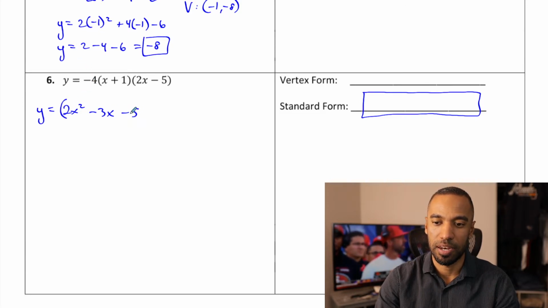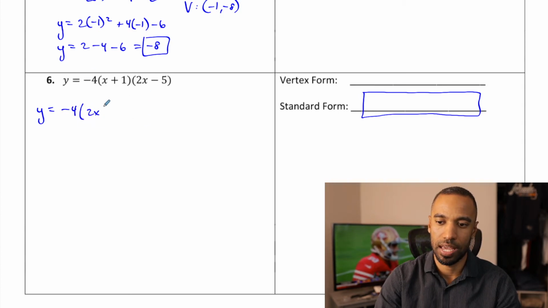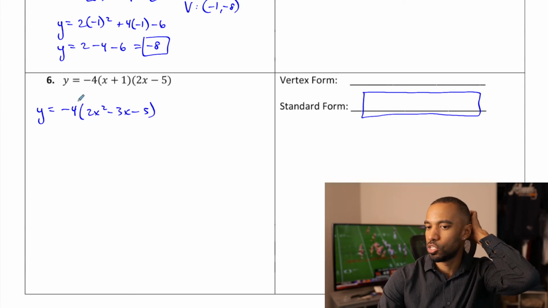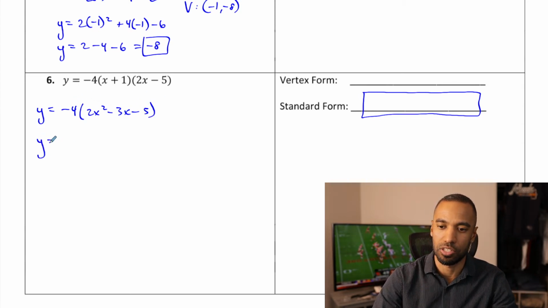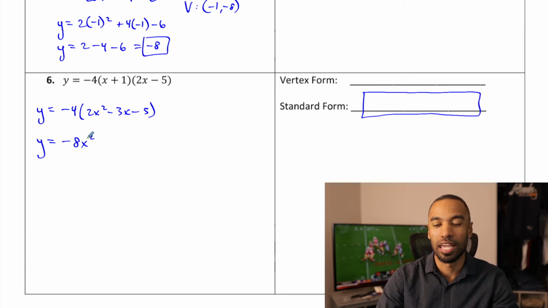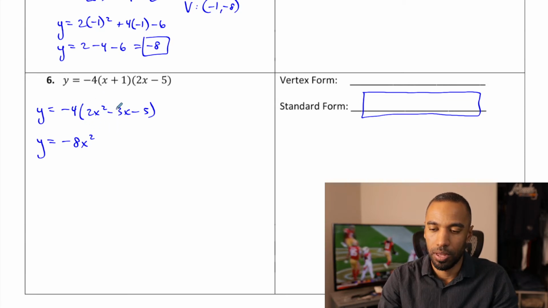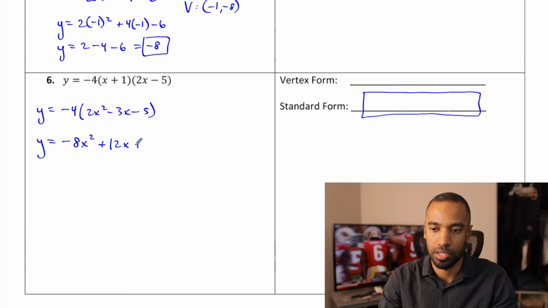Oh, this is all multiplied by negative 4. My bad. Let's do that again. 2x squared minus 3x minus 5. Negative 4 is going to distribute into these three things, and that's going to be y equals negative 8x squared plus 12x plus 20.